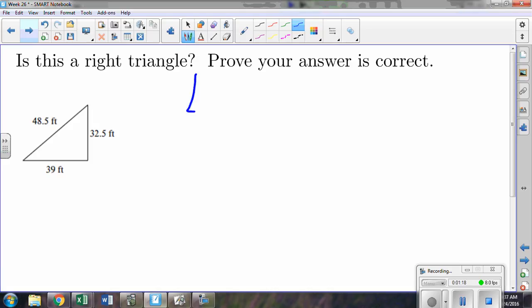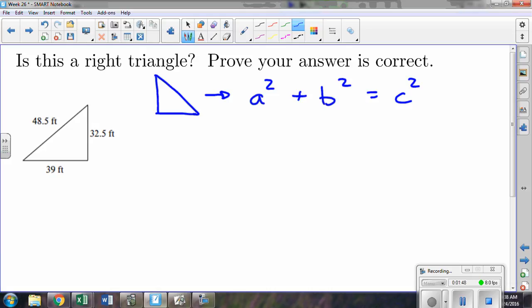If this thing is a right triangle, and that is probably the worst 90-degree angle I've ever drawn in my life, if it is a 90-degree angle, then we know leg squared plus leg squared has to equal the hypotenuse squared. This equation must be true if it actually was a right triangle. So if the equation was wrong, that tells us it can't possibly be a right triangle.